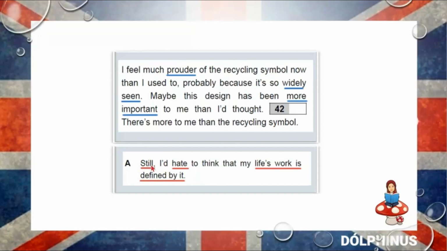So he's going to introduce a contrary idea of what he has made a reference before. So even though he is proud, he doesn't want to be defined by it. It making reference to his design of the recycling symbol.